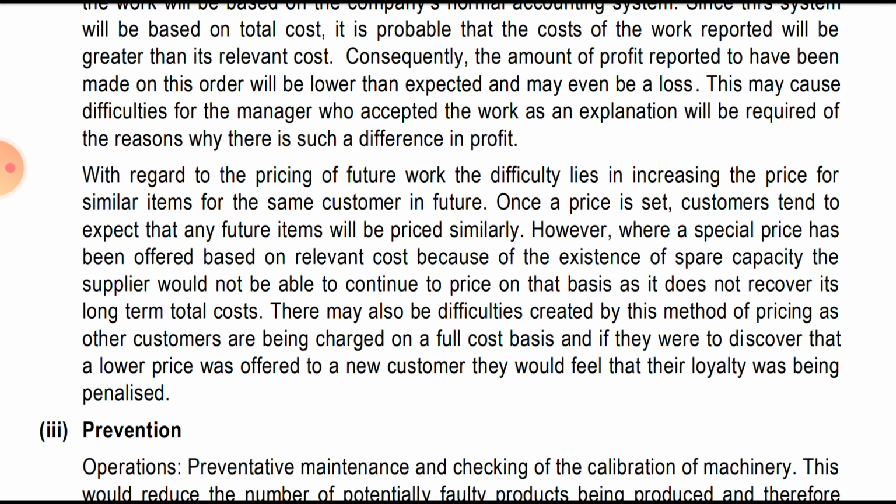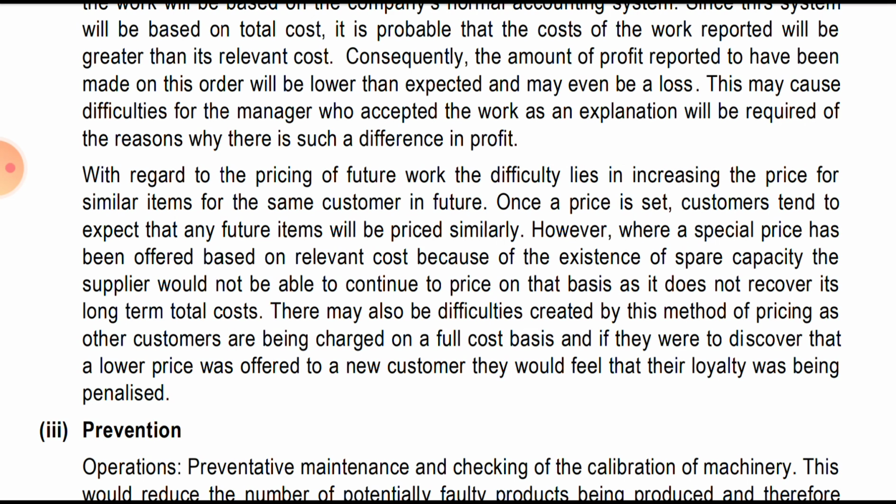But until and unless they are much different, the customer won't be paying higher for similar goods. Once the price is set, the customer tends to expect that any future item will be priced similarly.